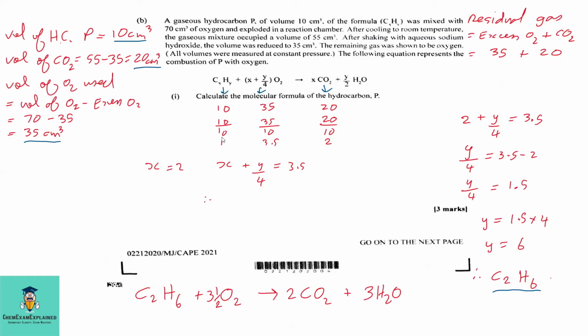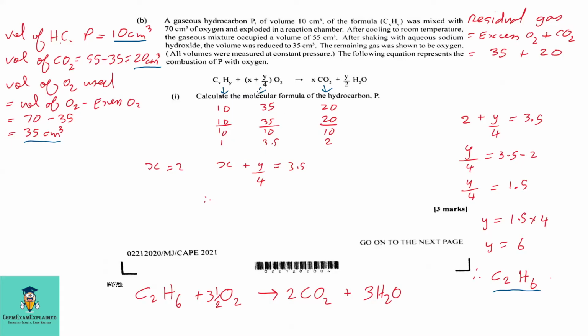So it's 10 divided by 10, which is 1, 35 divided by 10, which is 3.5, 20 divided by 10, which is 2. Any value we get here for carbon dioxide is the number of carbons present. So right away, we know that x is equal to 2, which represents the number of carbons in our hydrocarbon, CxHy.